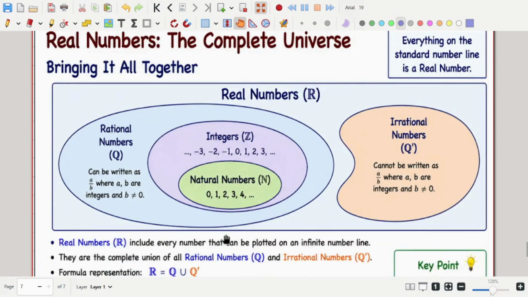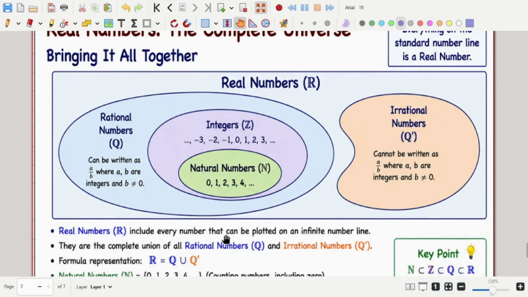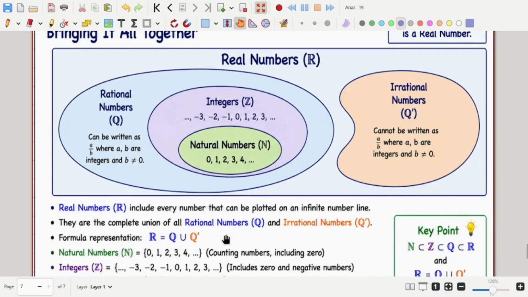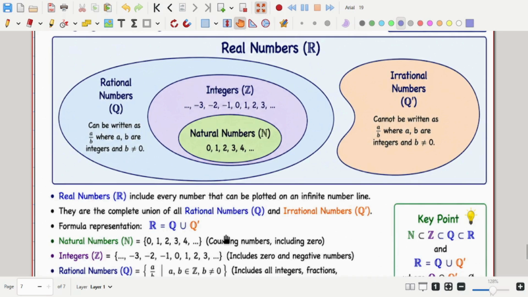Real numbers. Real numbers include every number that can be plotted on the infinite number line. They include natural numbers, integers, rational numbers, as well as irrational numbers.